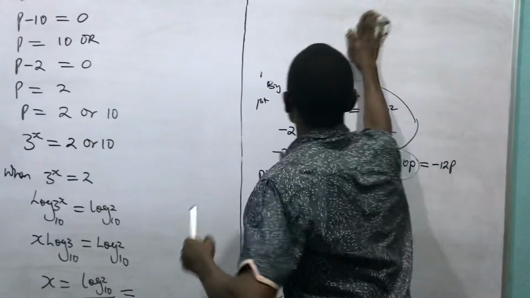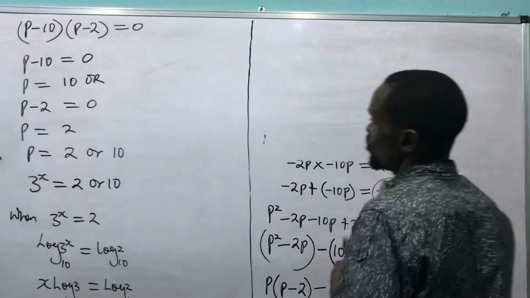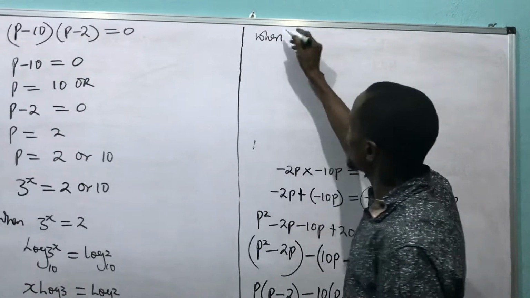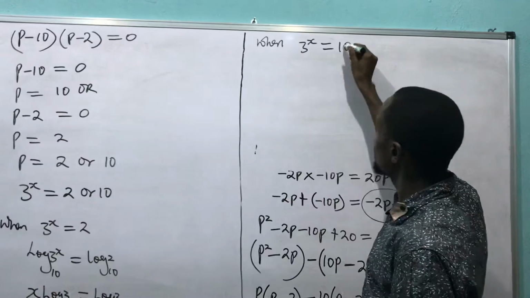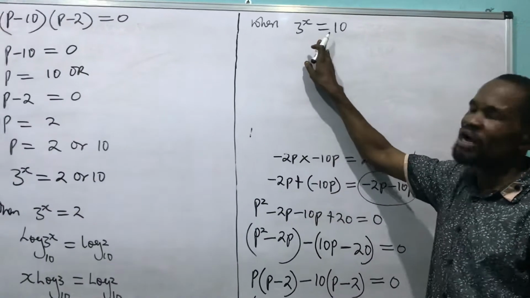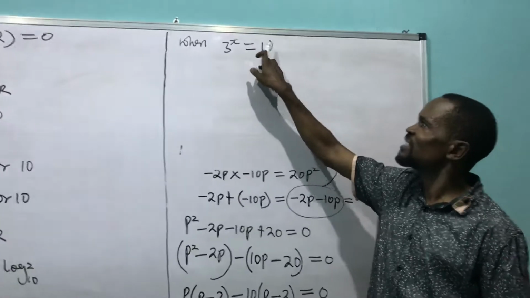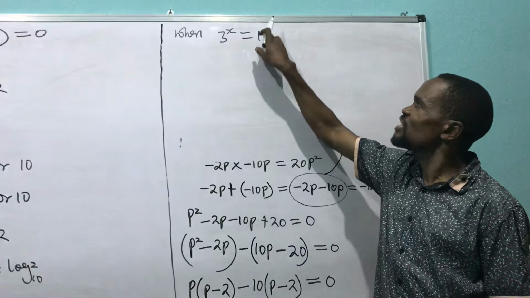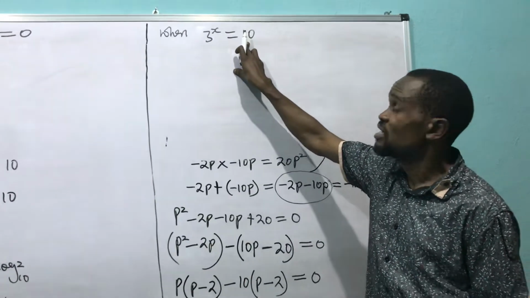Let me clean the other side. The other side, we now said when 3 raised to the power X is equal to 10, I still can't make it have the same base. This is 10, this is 3. There's nothing I can raise 3 to that will give me 10. Therefore, I can't make them have the same base. So what will I do?